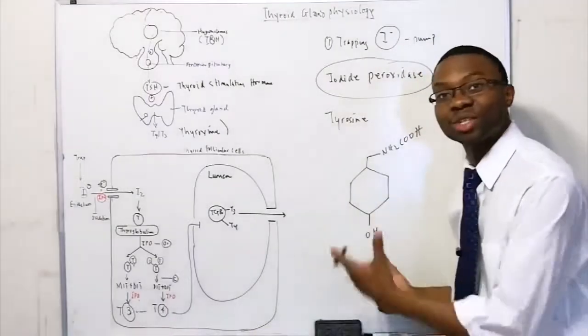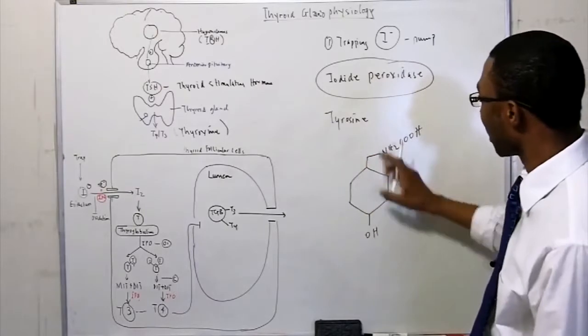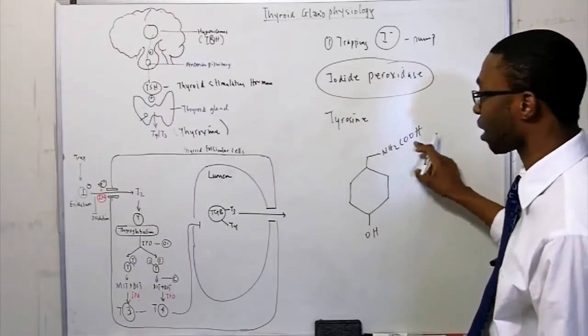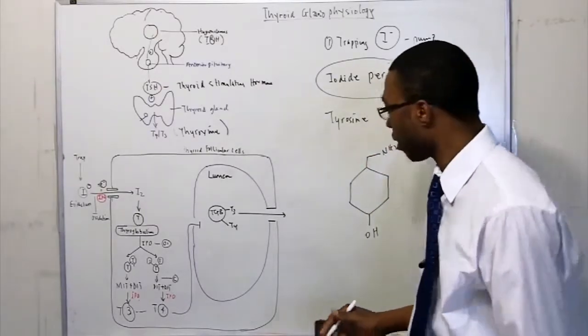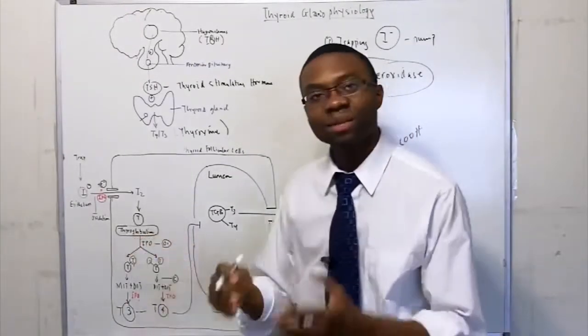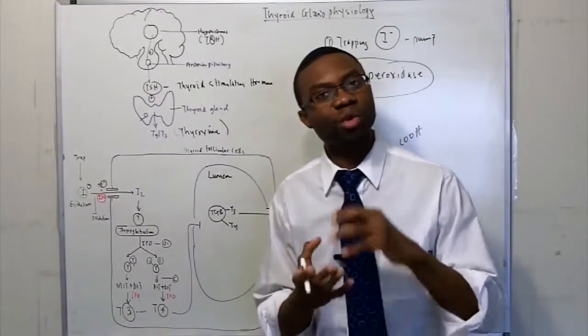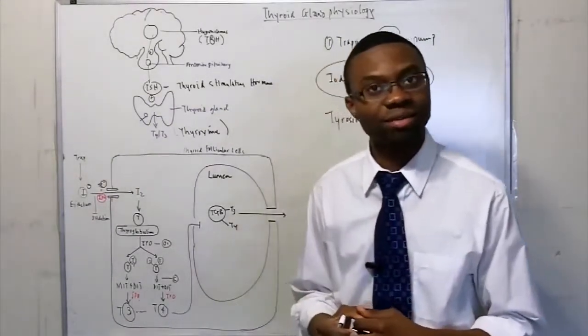I'm just using it as an illustration. However, this is an amino acid, right? It has the amino group, it has the carboxyl group. Now, tyrosine is going to be stuck to thyroglobulin, which is a protein on the ribosomes of the follicular cells.